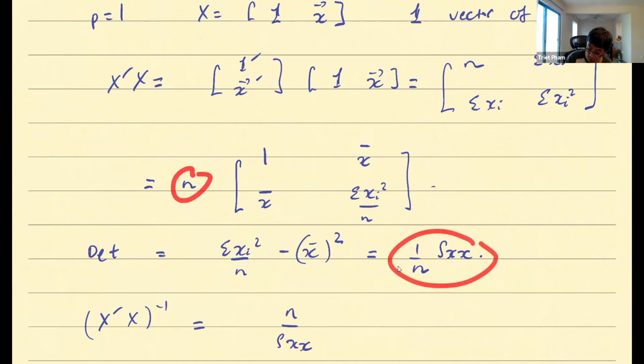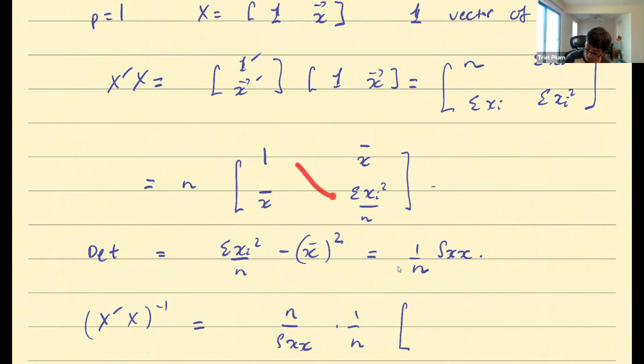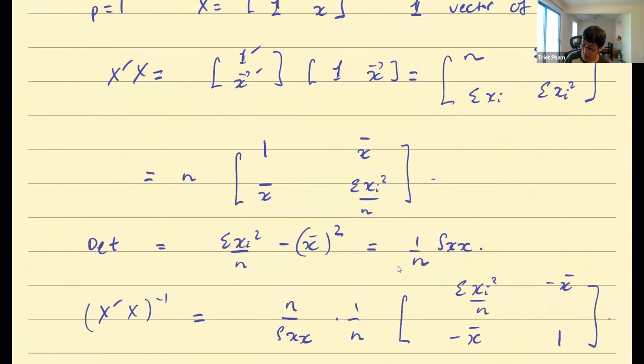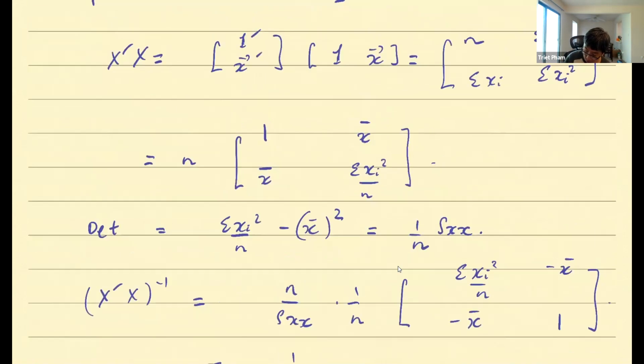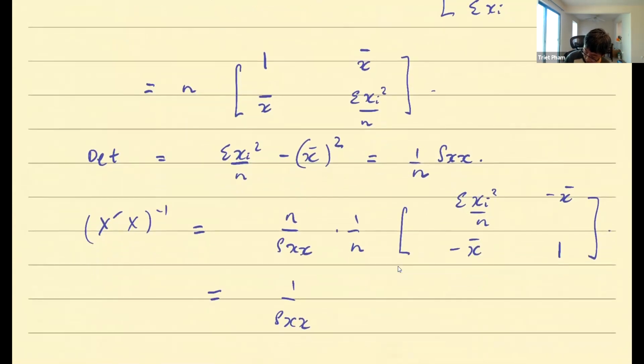You also have to flip this, so times 1 over N. You switch this, and you negate that, which is 1 over SXX. Oh sorry, sigma square, right? So yeah, that's fine.